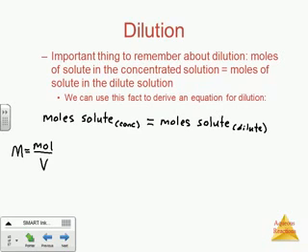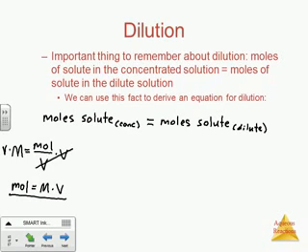So what we have to do here is rearrange this equation a little bit, okay? Moles equals molarity times volume. If we rearrange the equation here, multiply both sides by V, that's what we get, okay?